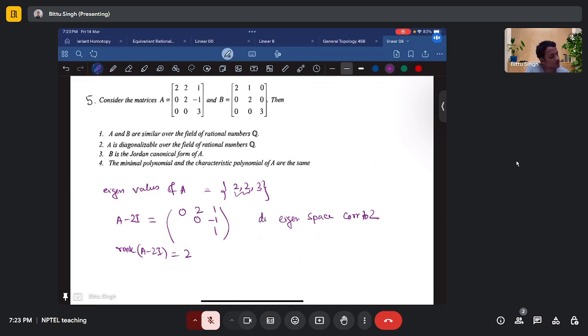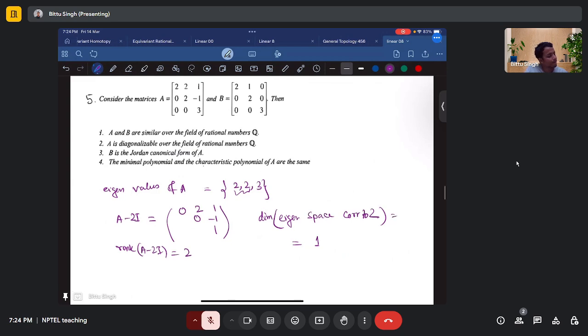The dimension of this eigenspace is the same as the nullity of A minus 2I, which is 1.